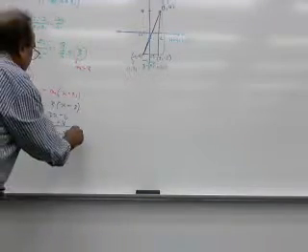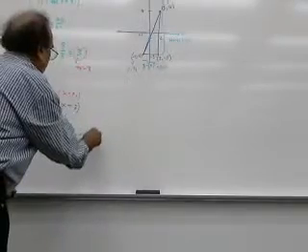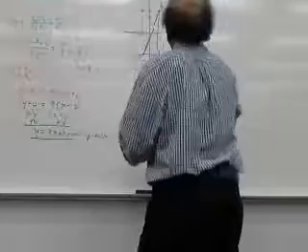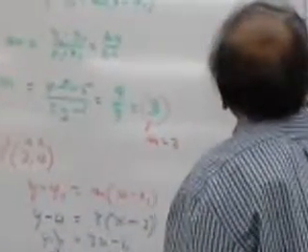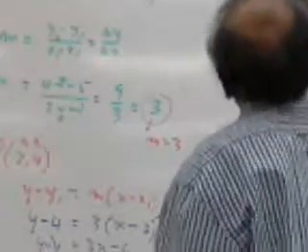So now this is the equation of this line here. This equation for this line is y equal to 3x minus 2.